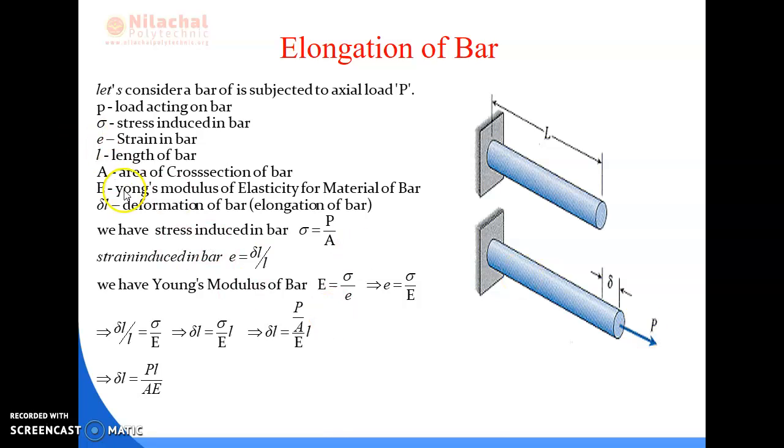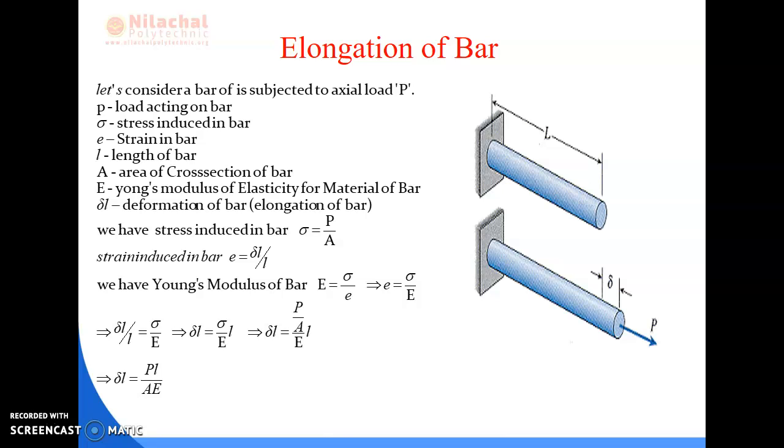So now let us consider a bar subject to axial load P as shown in the figure. P is the load acting upon the bar, sigma is the stress induced in the bar, epsilon is the strain induced in the bar, L is the original length of the bar, A is the area of cross-section of the bar, E is Young's modulus of elasticity of the bar, and del L is the deformation of the bar.